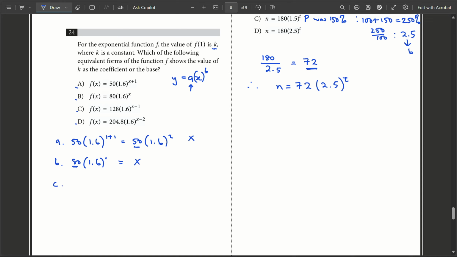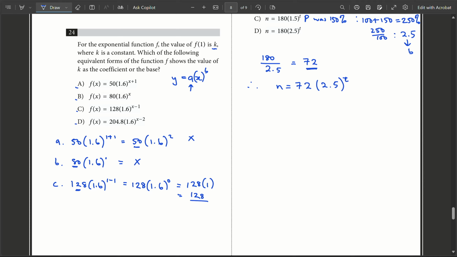And then substituting into C, where we have 128, 1.6, then 1 minus 1, this will give us 1 minus 1, that's to the power 0. So we end up with 128, 1.6 to the power 0. Anything raised to the power 0 is equal to 1.